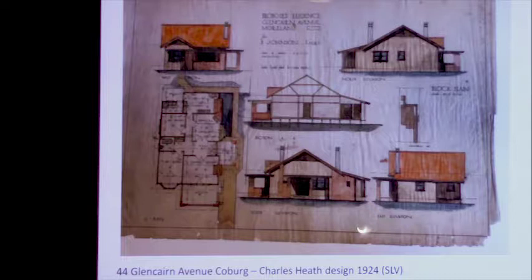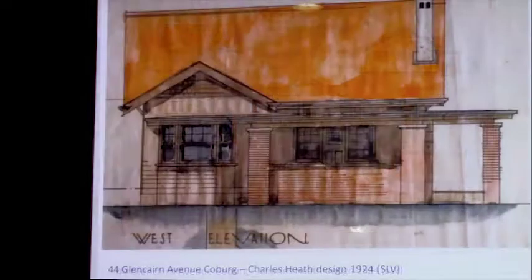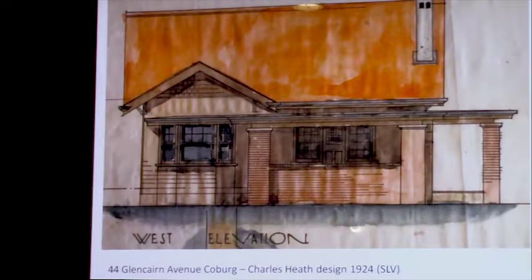So this was designed in 1924, and this was the house in which Blythe lived for the first 18 years of his life. This was his parents' marital home. It was named Banul, which apparently is an Aboriginal word for hill, and Blythe regularly polished their brass plate with the name on it with Brasso, which he says was very satisfying.